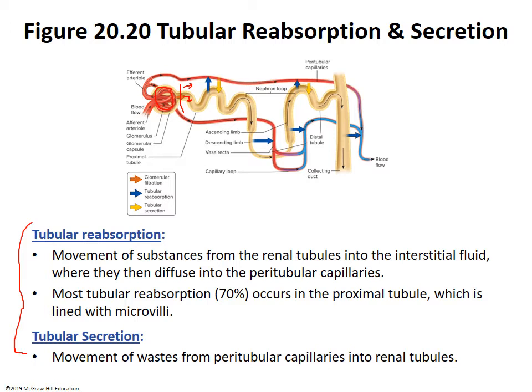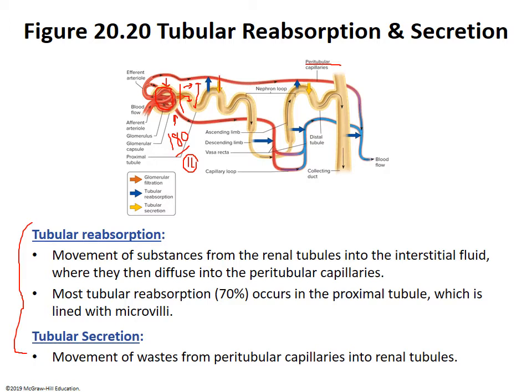Since we talked about how, on average, 180 liters of fluid get filtered through here, and that we only, in general, urinate out about 1 liter, that means the majority of this is going to be pulled back from the tubule into the circulation by way of the peritubular capillaries. But then there are certain things that haven't gotten filtered in and need to be pushed out. Some of it is even things that have been reabsorbed, but we need to get it out because we can't have too high of a level.